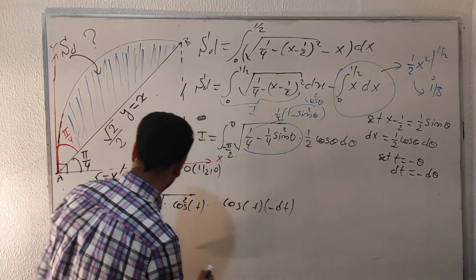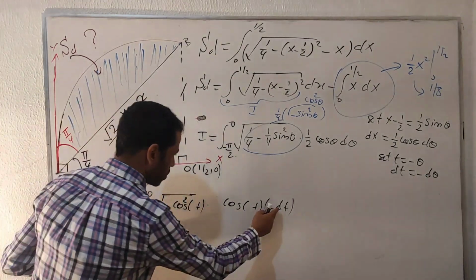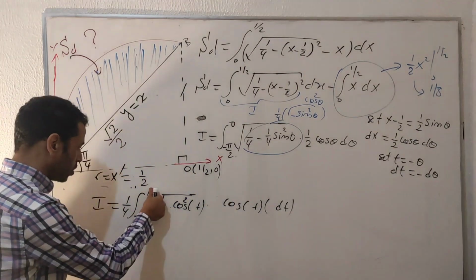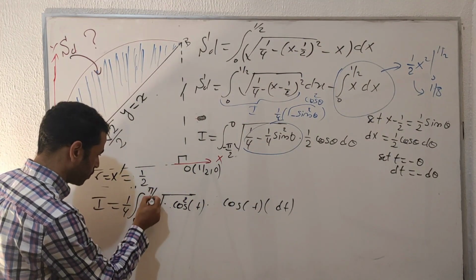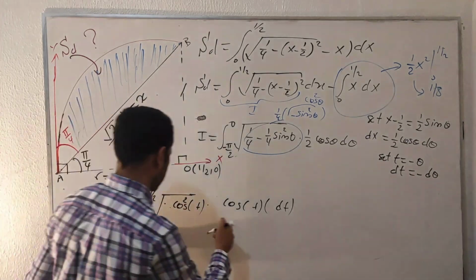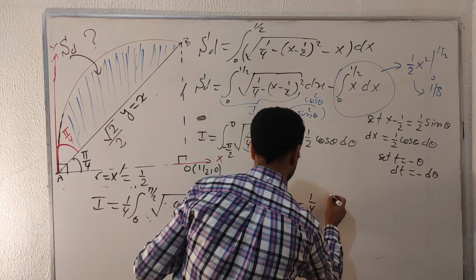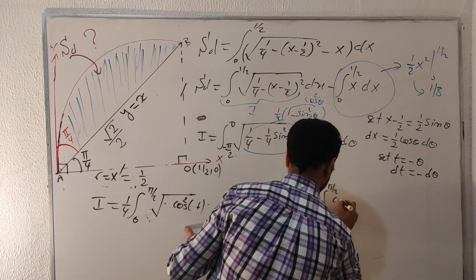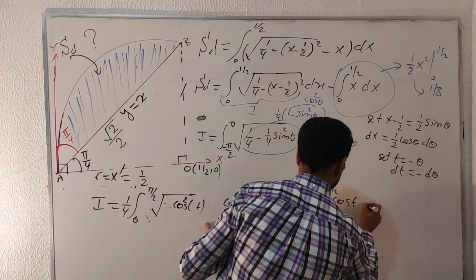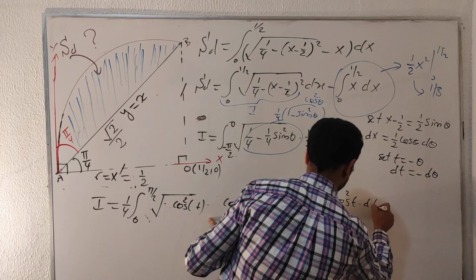Then I cancel out this minus and flip the bounds of this integral, changing it to from 0 to pi over 2. Then taking the square root out, I get 1 over 4 from 0 to pi over 2 of cosine t multiplied by cosine t, giving us cosine square t dt.